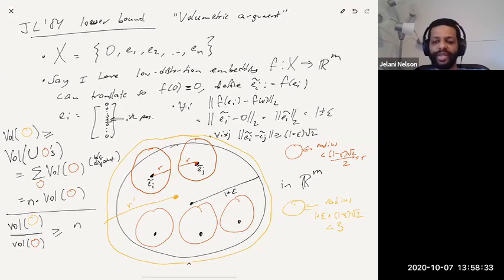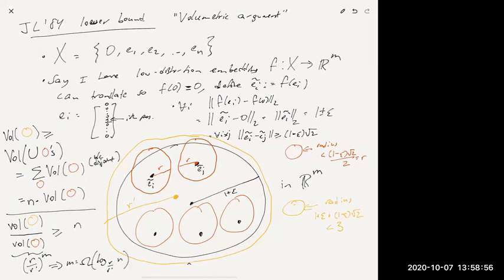The denominator is going to be r to the m times blah. So this ratio is going to be r prime divided by r to the m, which implies that m is omega of log base r prime over r of n. Should it be r prime over r? Yes, that's correct.